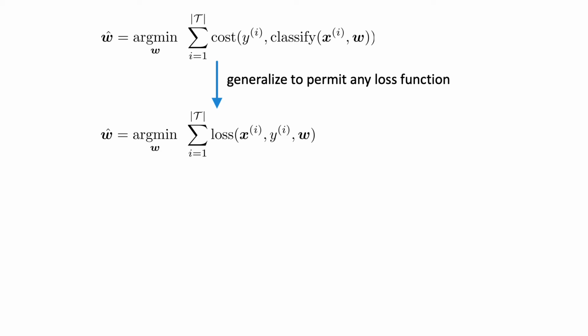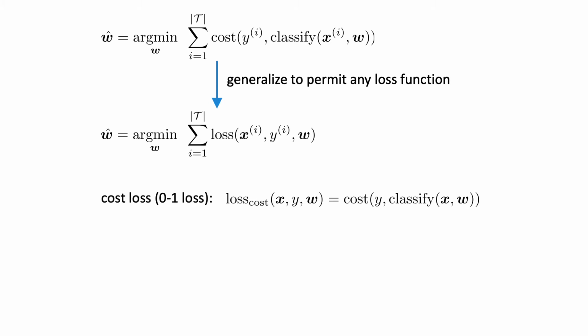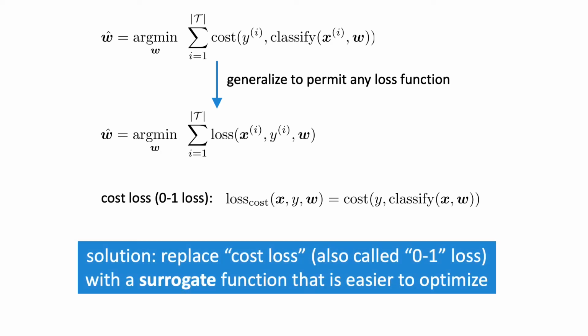Instead of the cost of the classifier's prediction, we're going to write it as a loss function that is a function of the input, the gold standard output, and the parameters. Then we'll refer to the cost of the classifier as the cost loss. This is often called the 0-1 loss. The cost loss is difficult to minimize, so our solution will be to replace it with a different function, often called a surrogate loss function, that is easier to optimize.